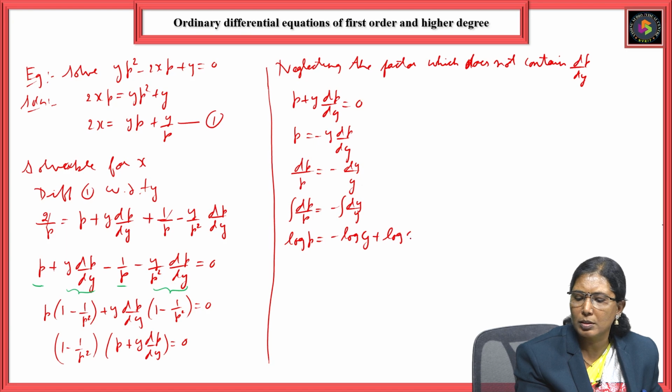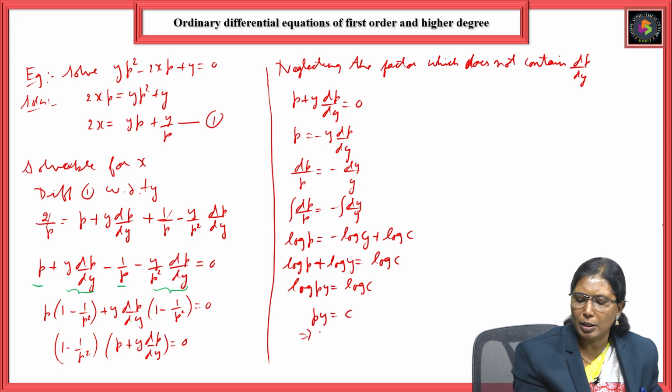Taking this term to the left side, log p + log y = log c. Applying the law log a + log b = log ab, log py = log c. Removing the log on both sides, we get py = c. So this implies p = c/y.